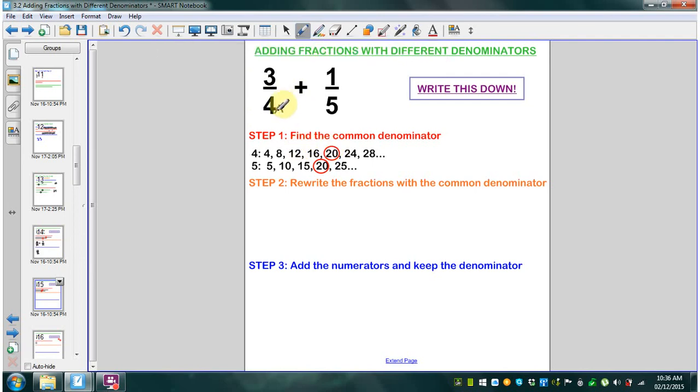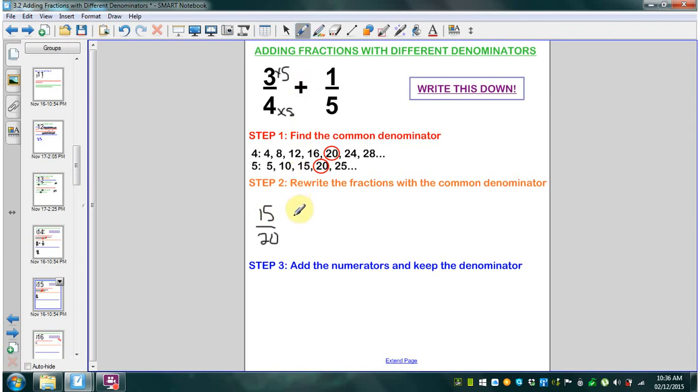So 4 times 5 is 20. But whatever we do to the bottom, we need to do to the top. So we need to multiply our top by the same thing. So multiply our top by 5. 3 times 5 is 15.